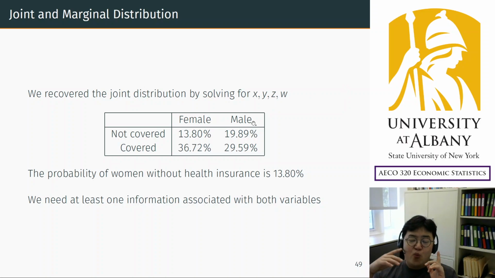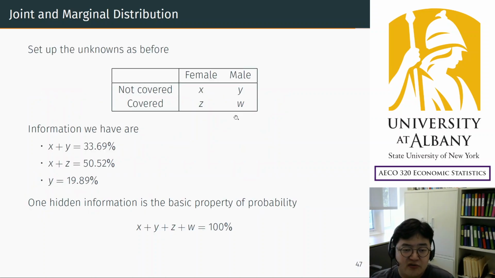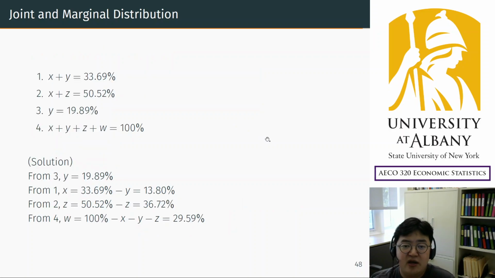You need just one more piece of information to recover the joint distribution. In other words, marginal distributions are not enough. That is the most important point. But if you have any other information, then you will be fine.